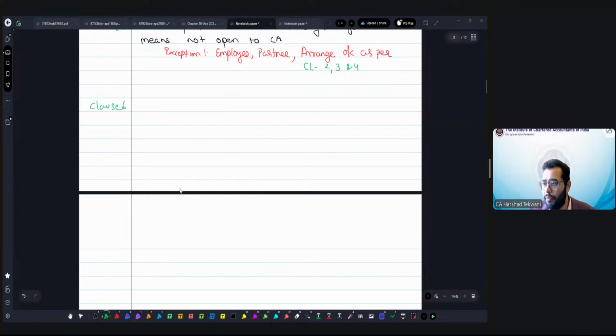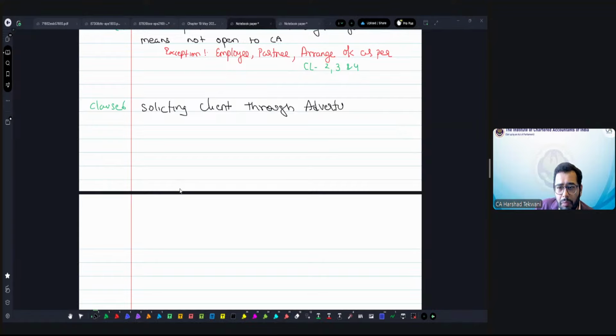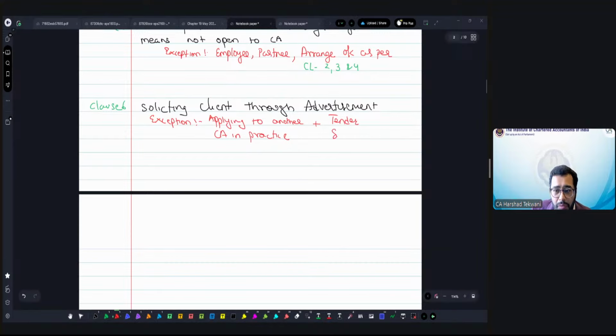Clause 6. Soliciting clients through advertisement. Exceptions to this are applying to another CA in practice, or if you apply to a tender, but that is also subject to conditions.